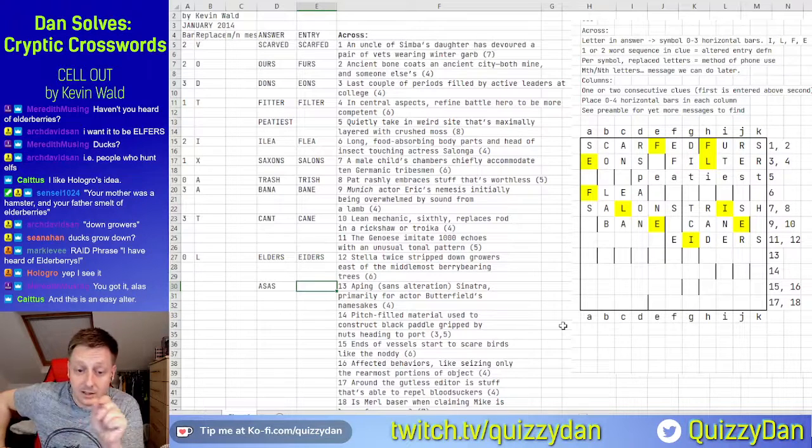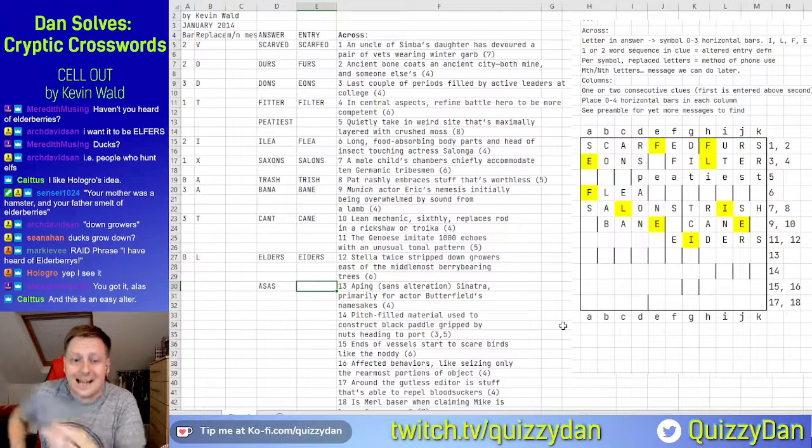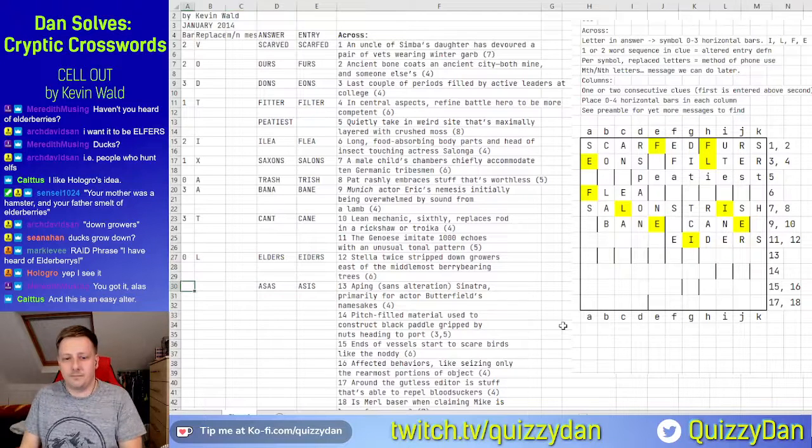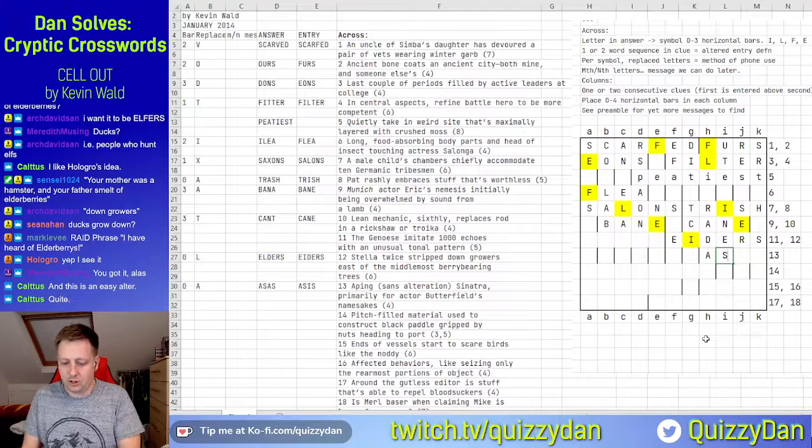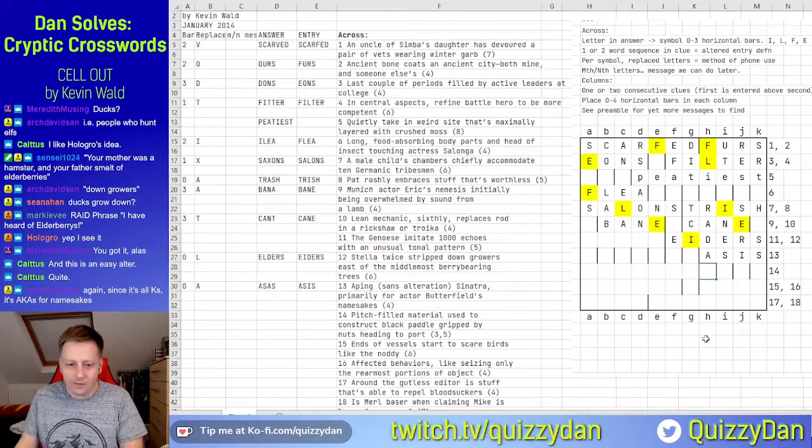That down growers being Idas in the previous one was lovely, by the way, and I didn't spot it. Isas? No, as is. Sans alteration, as is. There we go. So that was an A, and that becomes the thing with no changes. No horizontal bars.